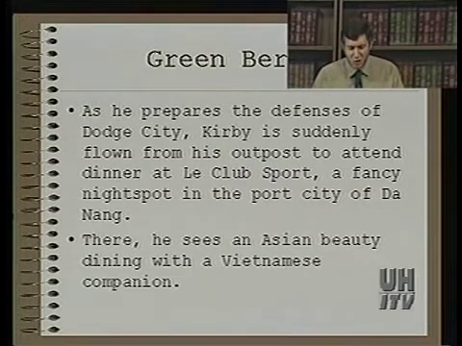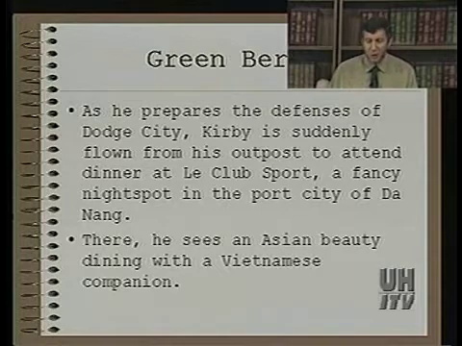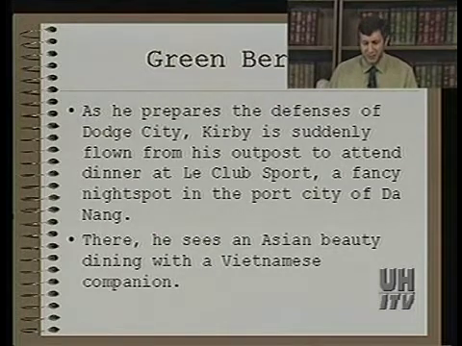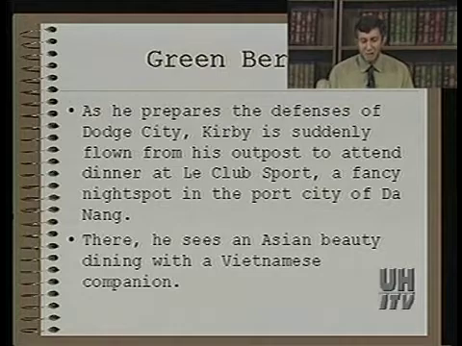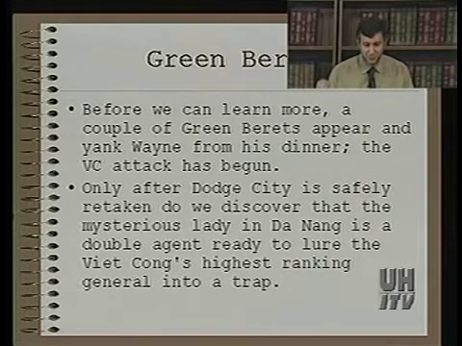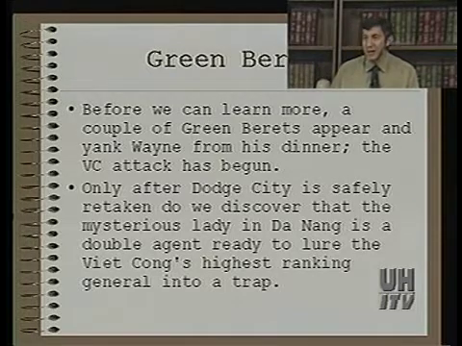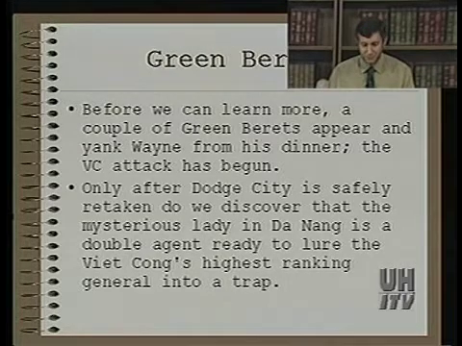As he prepares the defenses of Dodge City, Wayne is suddenly flown from his outpost to attend a dinner at a fancy night spot in Da Nang. There he sees an Asian beauty with a Vietnamese companion. Before we can learn more, a couple of Green Berets appear and yank Wayne from his dinner. The Vietnamese attack has begun.